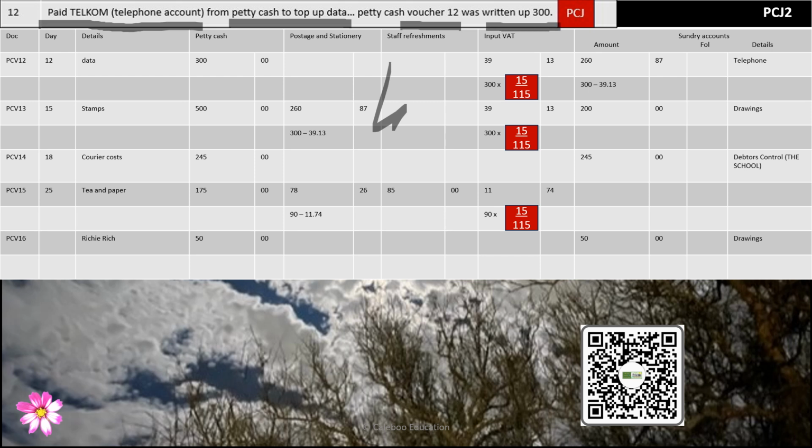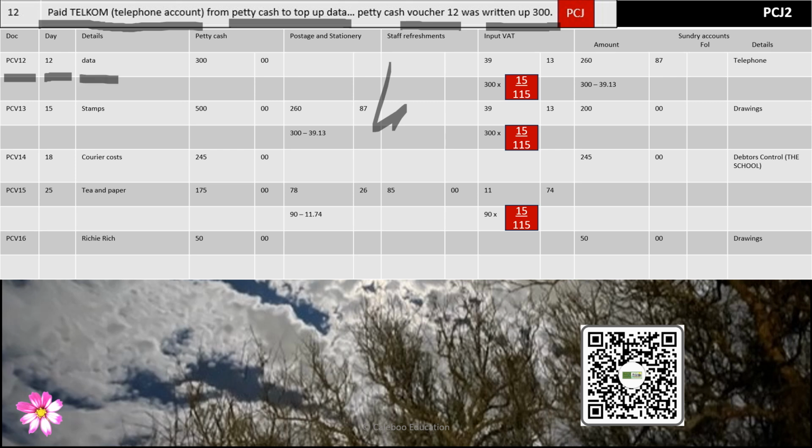Remember, all amounts include VAT unless otherwise stated. Now your telephone is necessary to operate a business, so it's a standard rated item. And therefore, if we're dealing with a VAT vendor, and we're a VAT vendor ourselves, we can claim input VAT. So there's the document, petty cash voucher number 12, day the 12th, under details, what did we pay for?